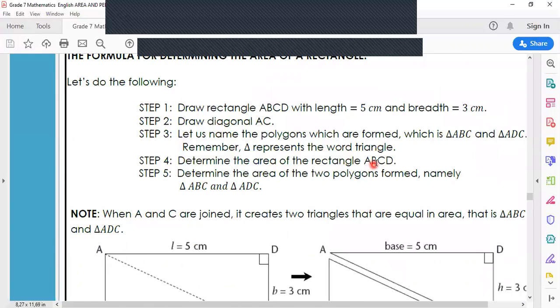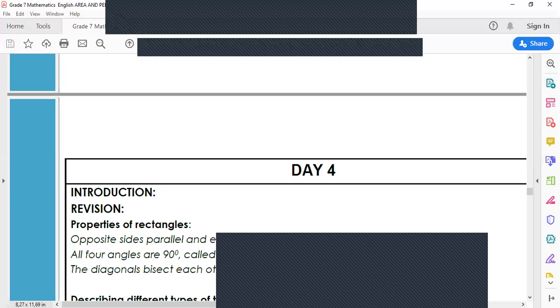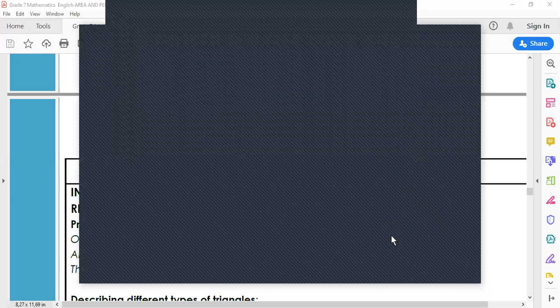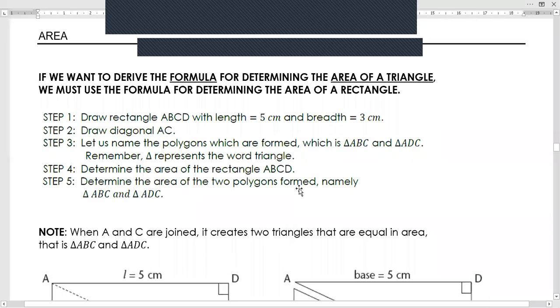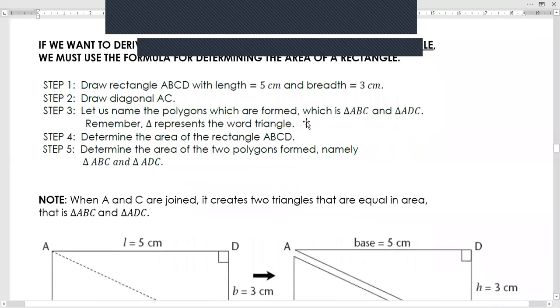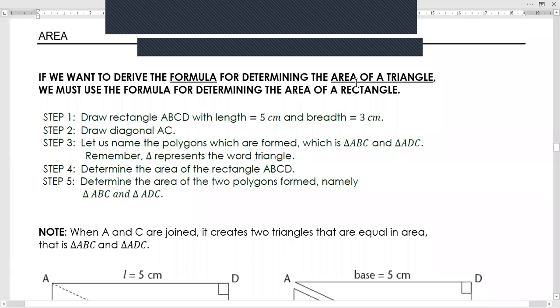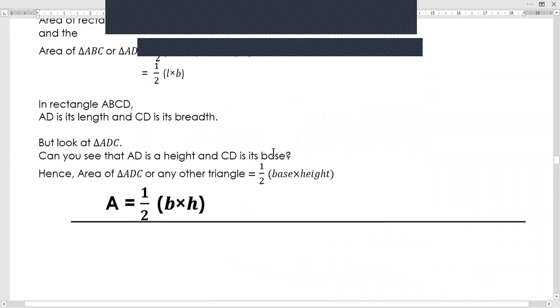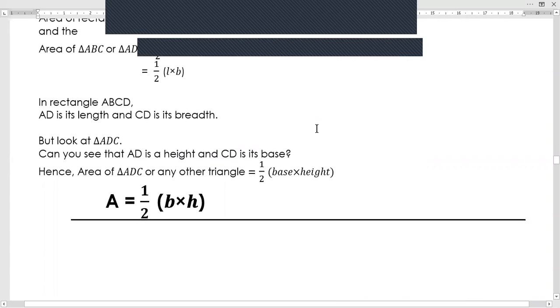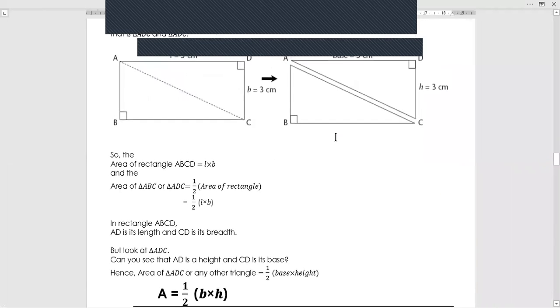Okay, so I'm going to stop this video right here, because what we did is we started with this, not the next day, but a while later, because this is basically just explaining. What I did though is I asked them to take this page with basically the whole explanation of how you get the area formula for a triangle.